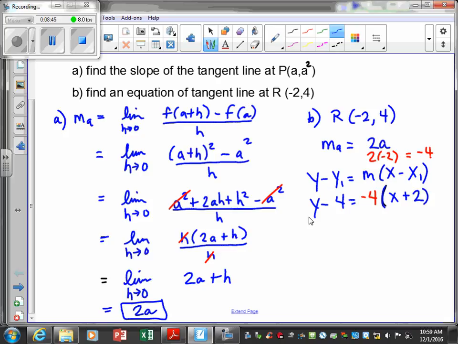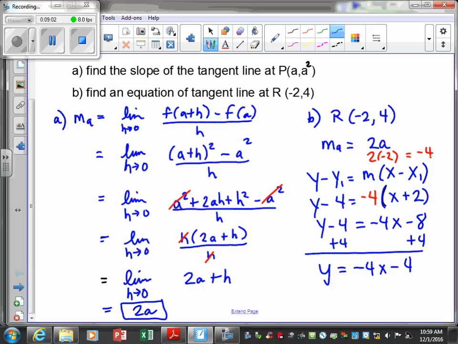Alright, now we just want to solve this thing for y equals, so we'll have y minus 4. Add 4 to both sides, just simplify this up algebraically. Y is equal to -4x minus 4. Alright, let's recap.